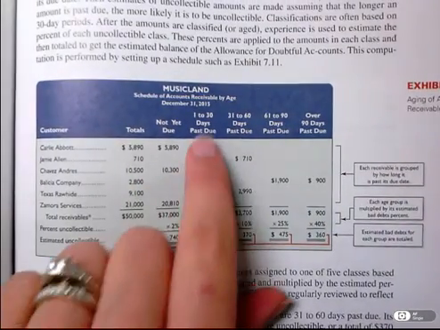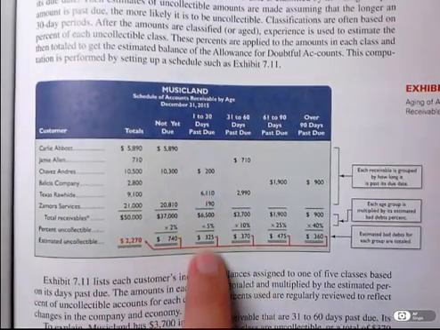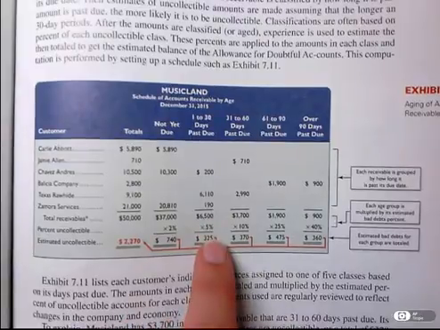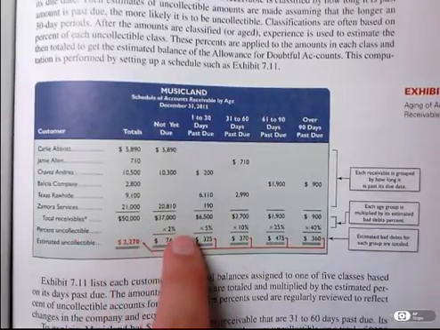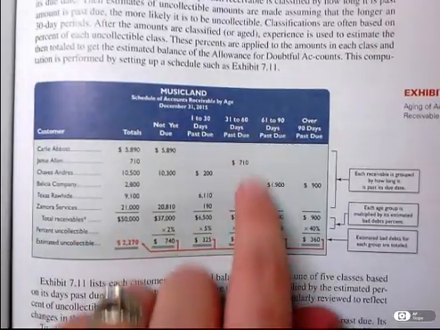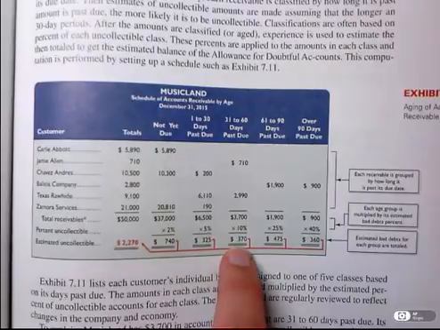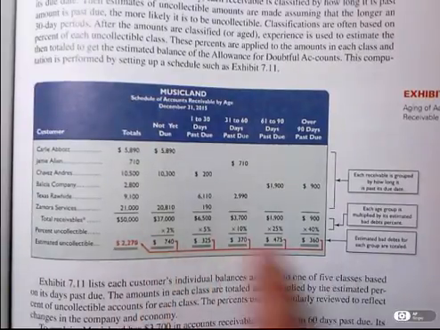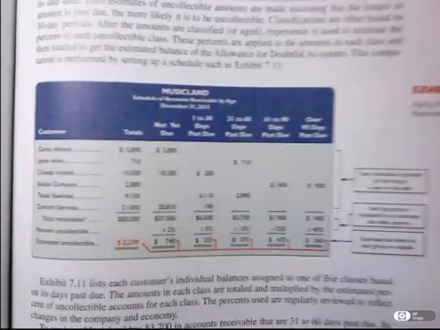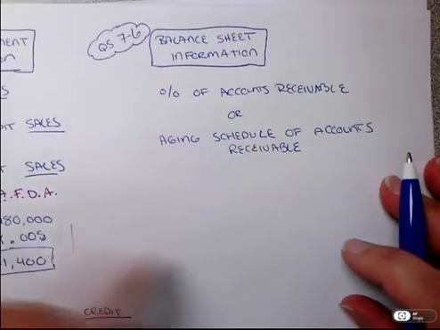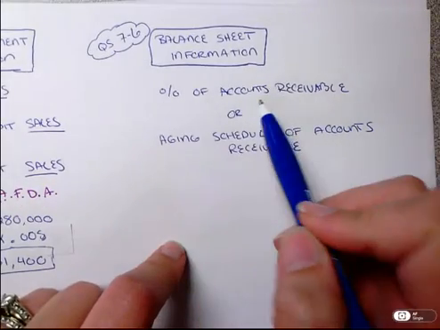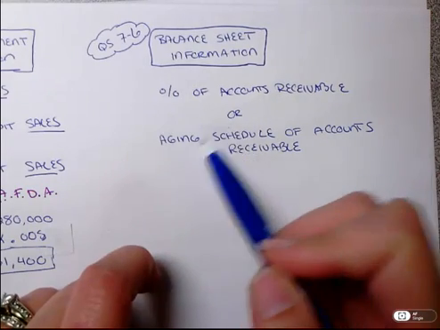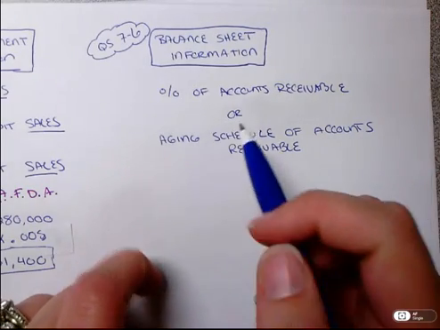It's based on the outstanding amounts for your customers and the percent expected to be uncollectible from each category of the outstanding balance, and then summing those up for a total amount. I'll let you review that in your textbook. But when you use balance sheet information, you're either going to use a percentage of accounts receivable, or you're going to use a schedule like the one I just showed you.